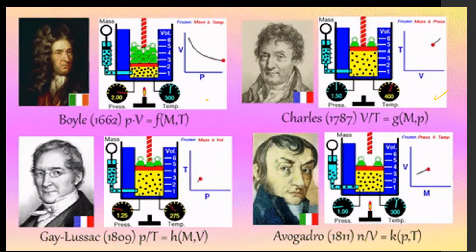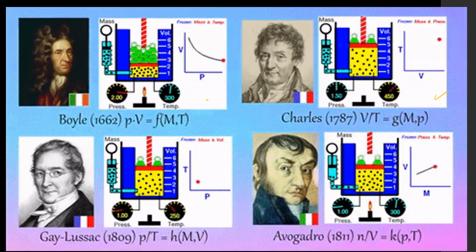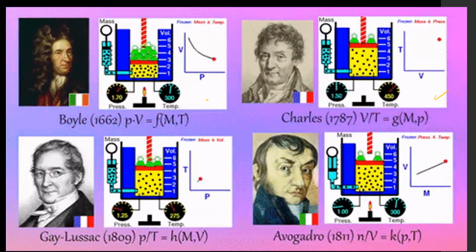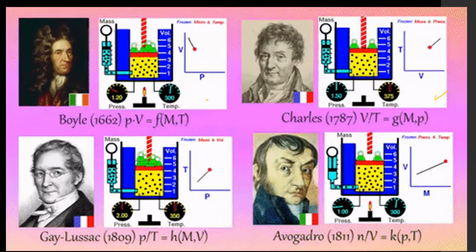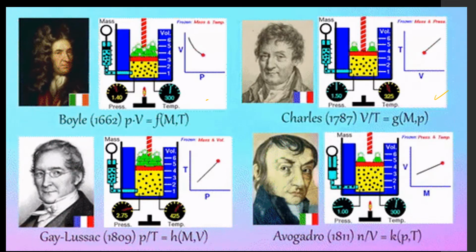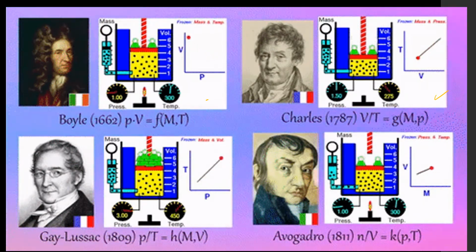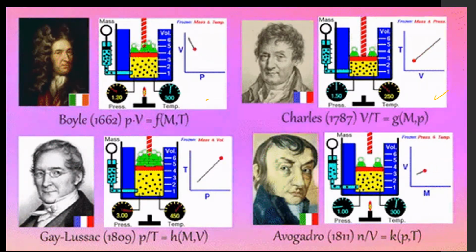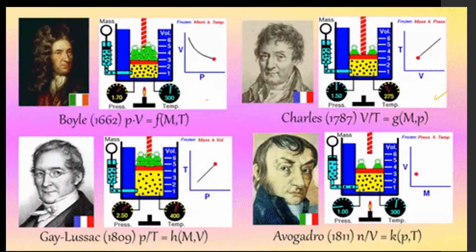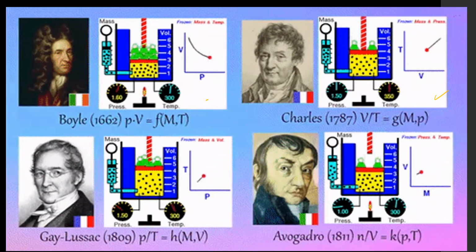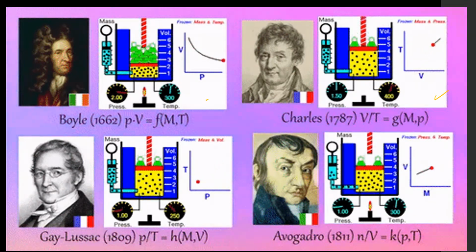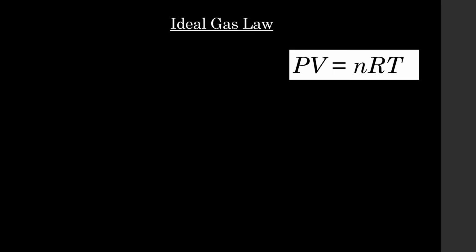And then if I have a look at Gay-Lussac's law, temperature and pressure are directly proportional. And Avogadro's law is that the number of molecules or the moles of the gas is directly proportional to the volume. So this can all be combined into what we call the ideal gas law, which is PV equals nRT.